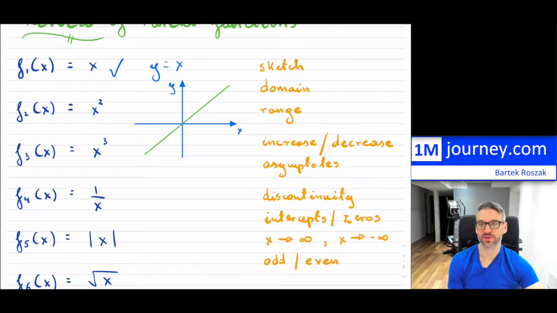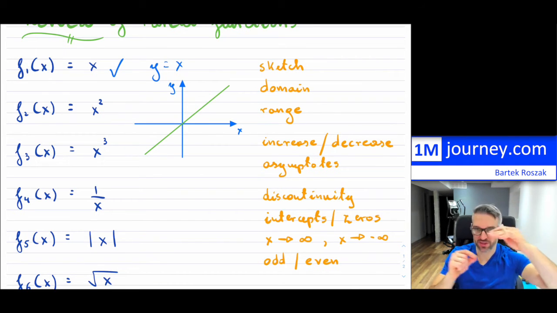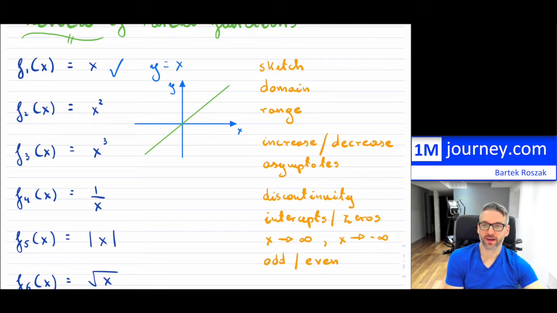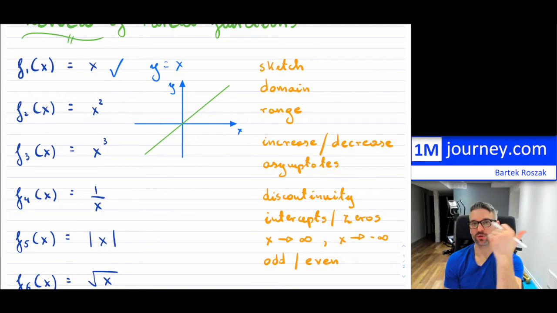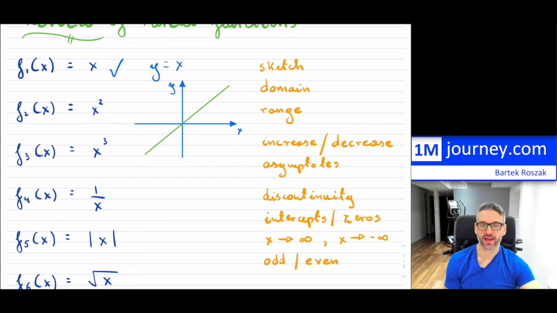Remember, discontinuities means there is some kind of a break in your function, where there's a jump from one point to another. The intercept is really just the origin. As x approaches infinity, as you keep going in this direction, the function itself approaches infinity as well. It blows up. And on the negative side, going in this direction, y also blows up.